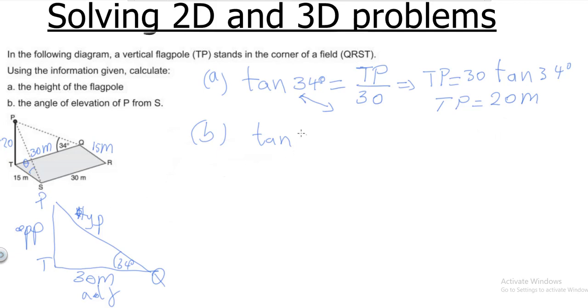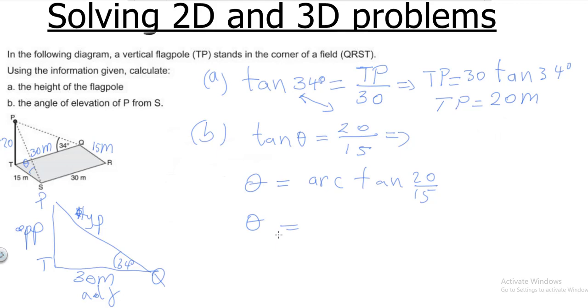TS is adjacent, so tangent theta will be opposite, which is 20, divided by 15. So theta will be equal to arc tangent of 20 divided by 15.